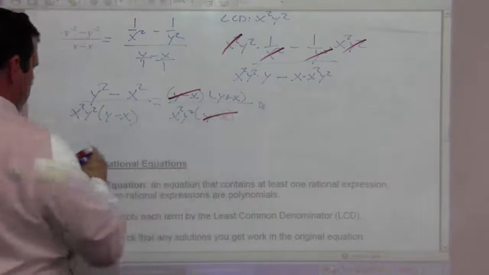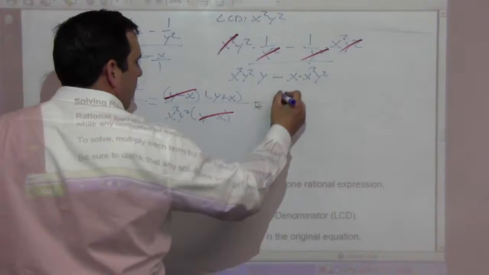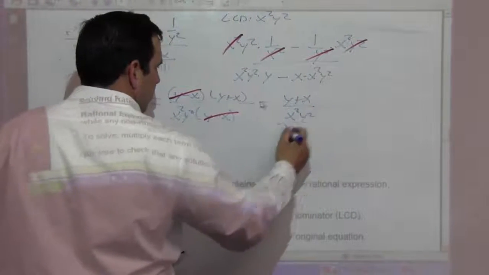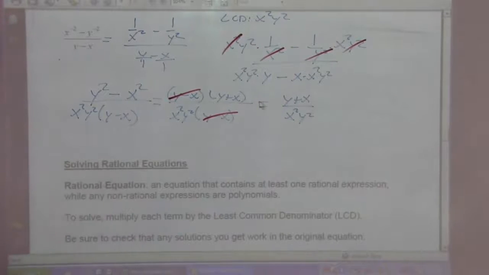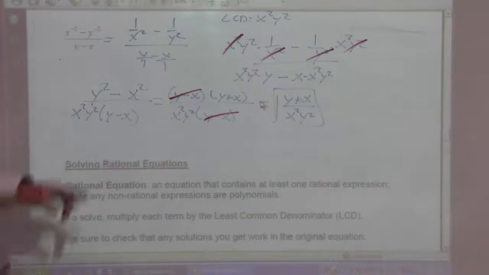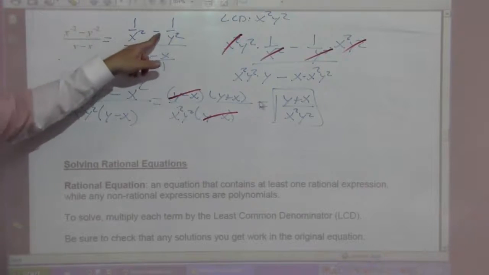And this divides. We're left with y plus x over x squared y squared. And that's the end of that problem. So the key to this is to write these each as fractions in the numerator.